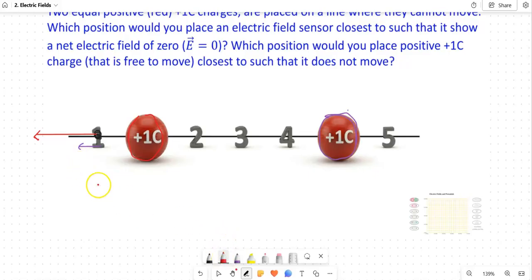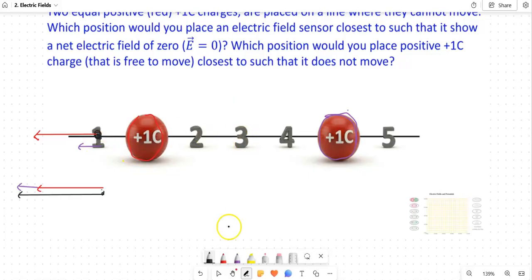So when you add those two vectors together, the overall electric field at this point will be this big. So it will be pointed to the left. Obviously the electric field is not zero. You would have the opposite of this over here at number 5. So likely you guessed number 3.